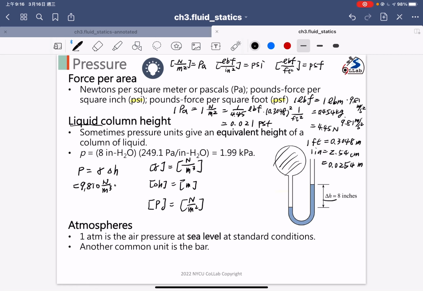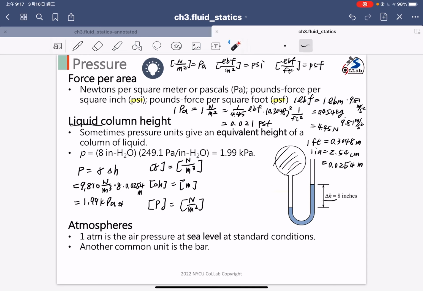So you can put here the 8 inch, so multiply 8 and 0.0254 meter. You can use your calculator to compute how large the pressure is. My computer shows the answer is around 1.99 kPa. Okay, so you can double check the answer showing here.